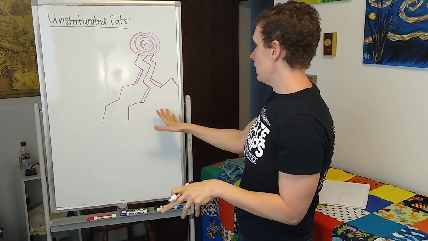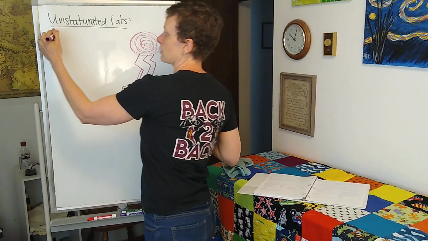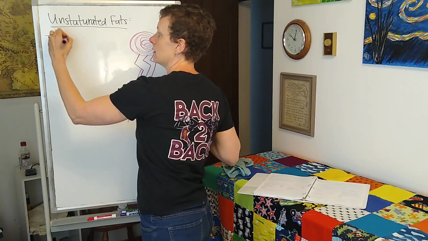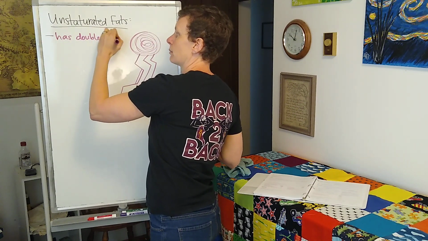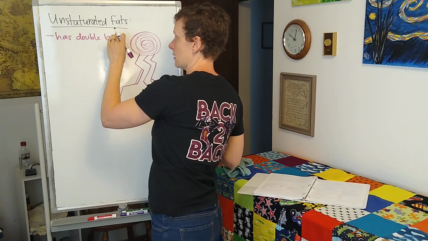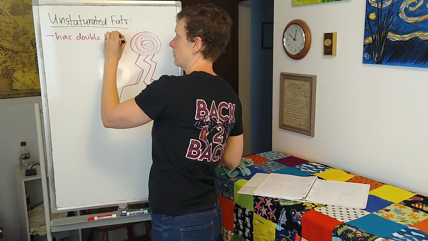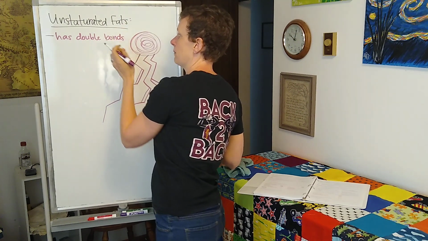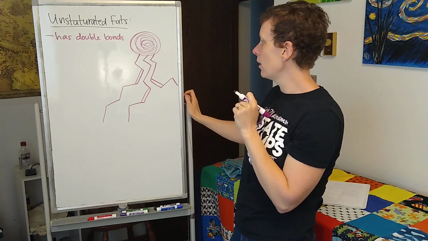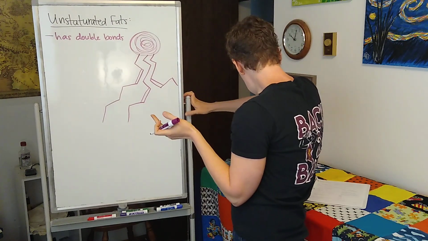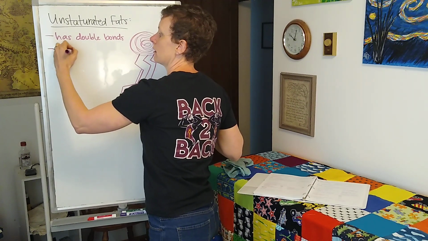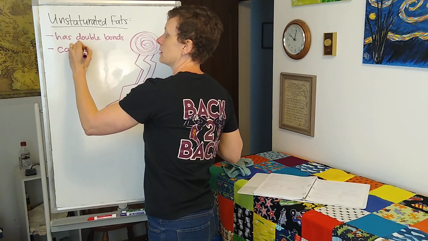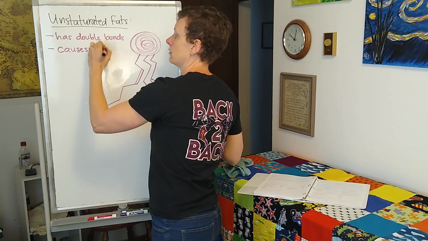Now if we look at this again, unsaturated means has double bonds. When we're talking about fats, it has double bonds, not double or triple, it's doubles. Those double bonds cause kinks in the structure.